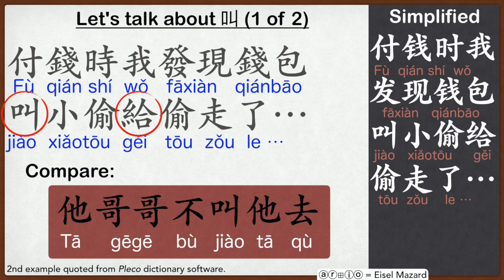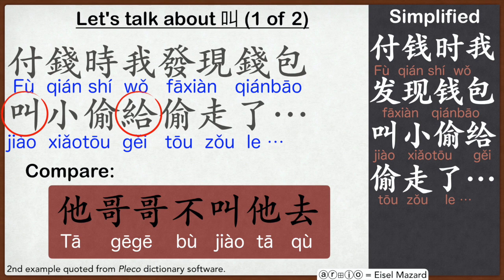Now, even if you had learned the supplemental meaning of jiao, meaning to call out, to cry out, when a duck quacks, that's jiao. When a cat makes a meowing or purring sound, I believe that's also jiao. Now I forget, is it meowing or purring? One of them is jiao.